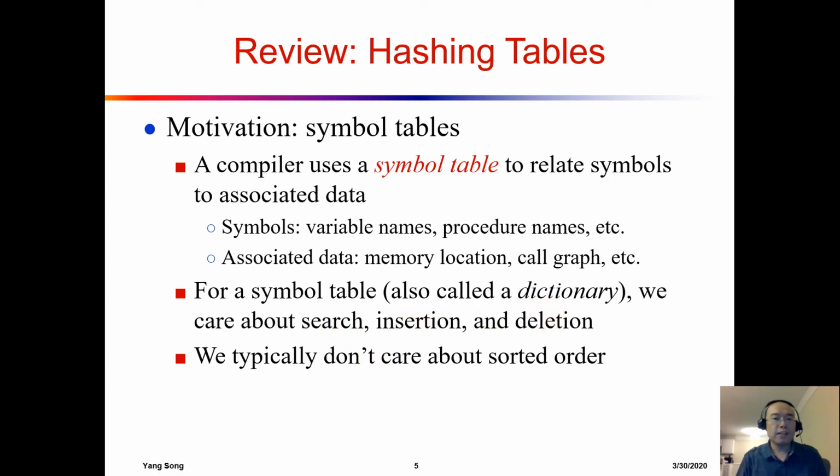So this is a new challenge. We still want a dynamic set, however, we want this dynamic set to be able to do search, insertion, and deletion as fast as possible. And by fast, I mean, if possible, I want all those three to be constant time.